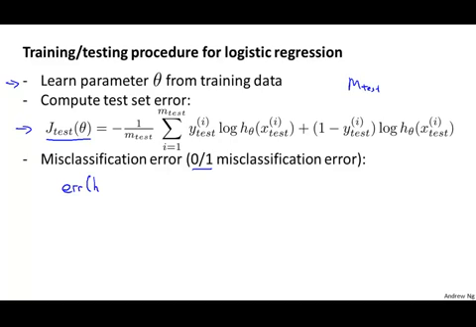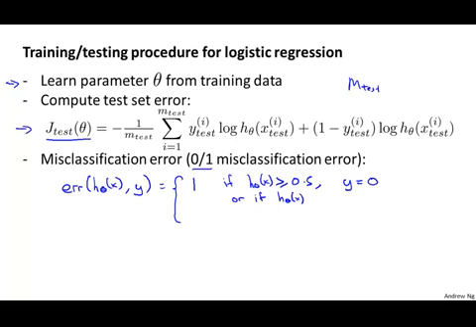Let me define the error of a prediction h of x, given a label y, as equal to 1 if my hypothesis outputs a value greater than or equal to 0.5 and y is equal to 0, or if my hypothesis outputs a value less than 0.5 and y is equal to 1.